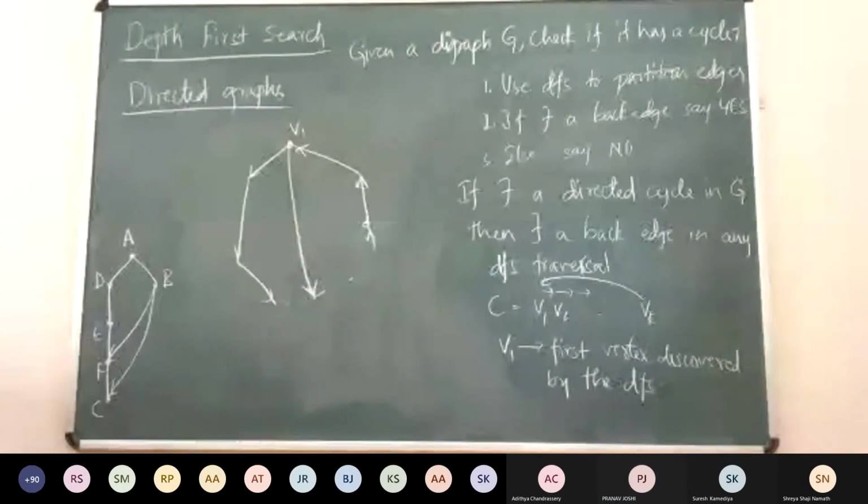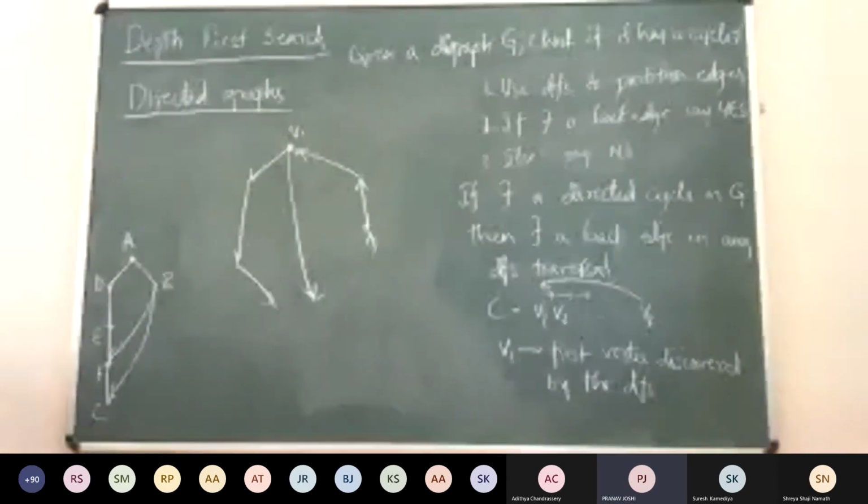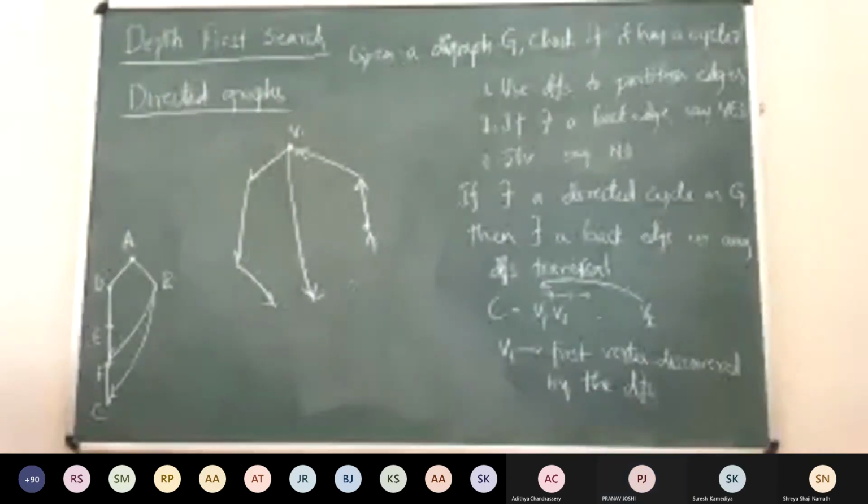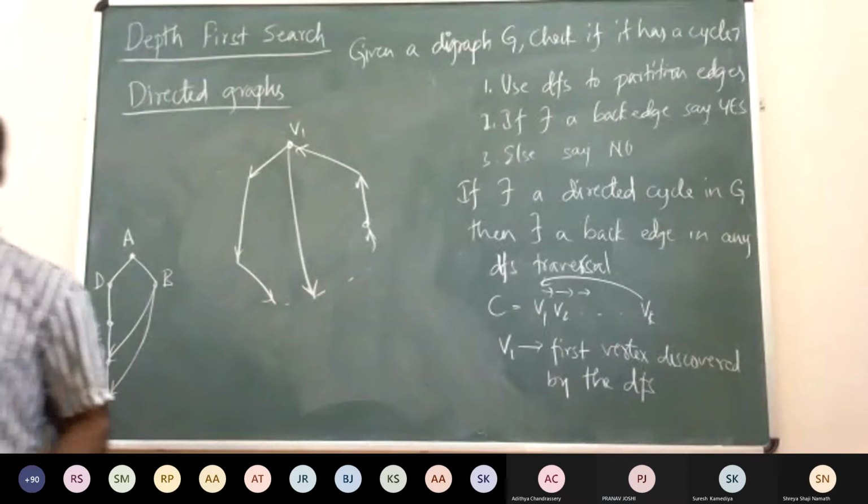Why will they be in the subtree rooted at V1? Yes, so that's what I'm telling. If we start from V1, then there is a possibility that we will go to V2 at some point after that. Actually, we have to go to V2. Since Vk is also connected in that cycle, then we'll reach Vk at the final point. I think you are using this connected in a very loose sense, right?